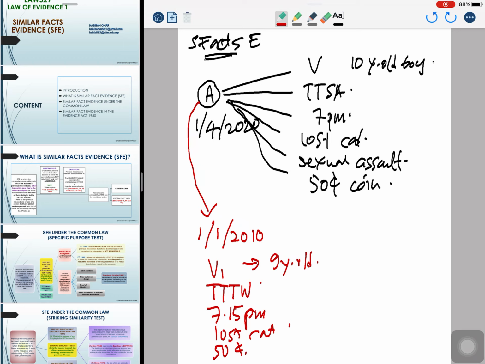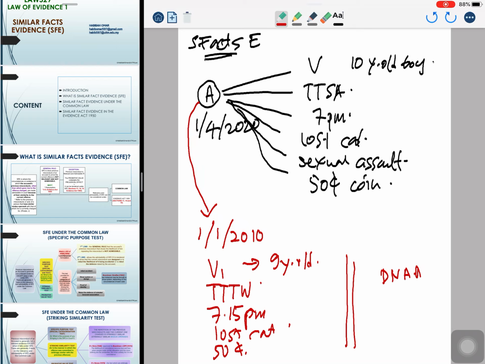Now if you look at this incident, this particular person has been charged for this offense, but the charge may have gone halfway, and he may have been given a discharge not amounting to an acquittal, right? So he was not convicted, but he was given a discharge not amounting to an acquittal.